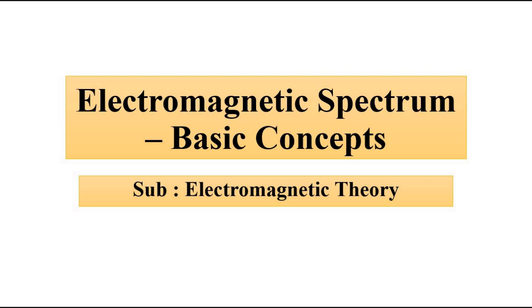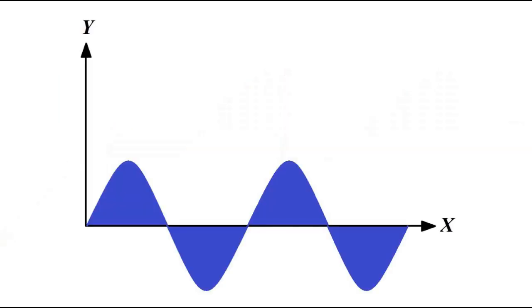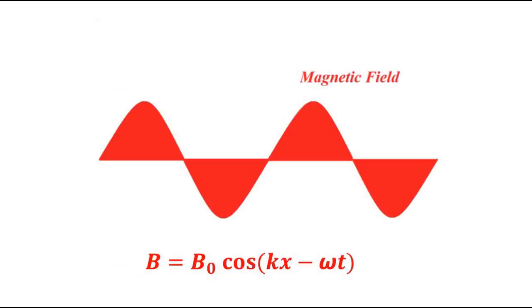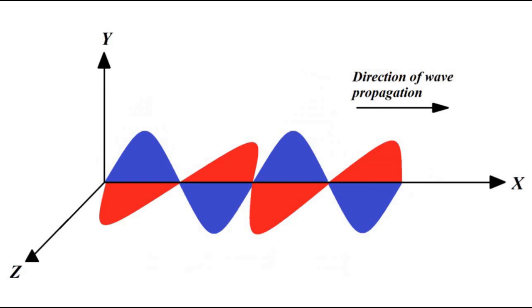So far, first we discussed the basic nature of electromagnetic waves. We know that electromagnetic waves consist of sinusoidal variations of electric and magnetic fields which travel in mutually perpendicular planes, and the direction of propagation of the wave is perpendicular to those planes.